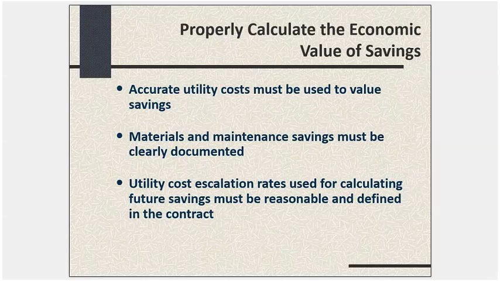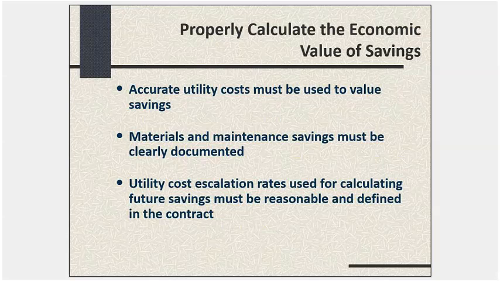This next one is really important. Now you've determined the units of avoided utility consumption, but how do you value those units? You want to use accurate utility costs, and that can vary depending on the account or the meter and the particular rate schedule you're on.